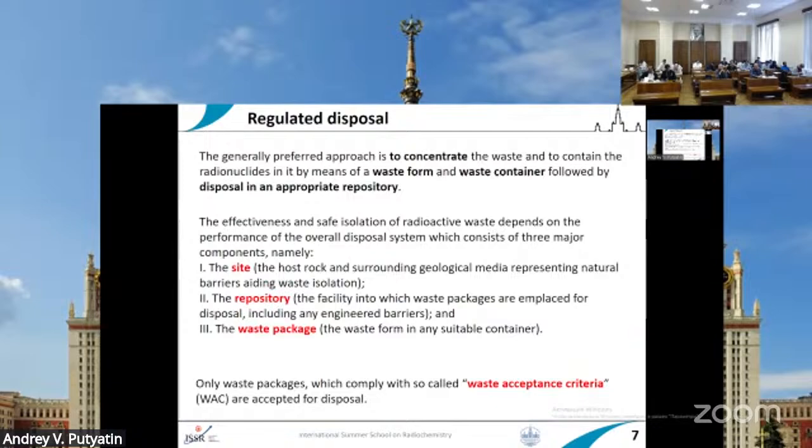Very often it is not possible to make the chemical analysis of the radioactive waste for all these parameters. It's around 26 or something like that. But there is, let's say, a life hack in this case.